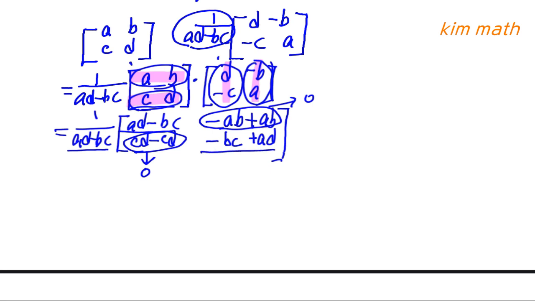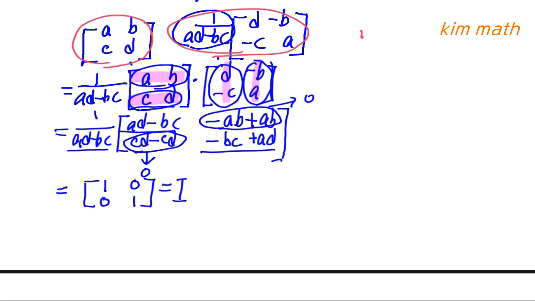So after you cancel out, you have only 1, 0, 0, 1, which means this is the identity matrix, right? So our conclusion is here. This and this are inverse of each other, right? Good.